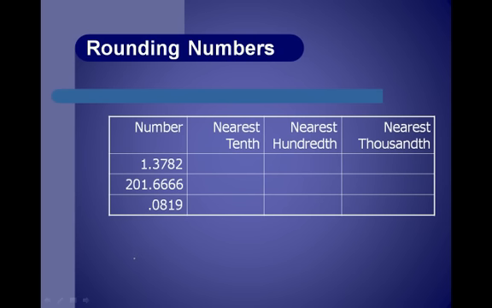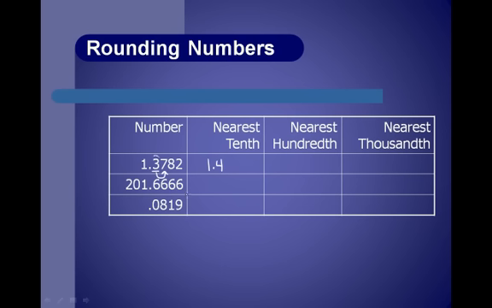So just to give a couple of examples, if we had 1.3782 to the nearest tenth, that means we mark the tenth, we look to the number to the right, which is above 5, which means we're going to add 1 to the underlined digit, so the underlined digit would now be 1.4.